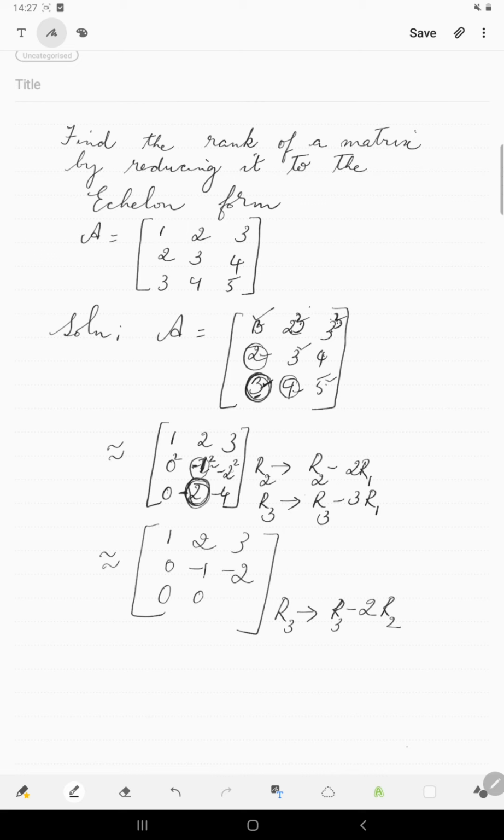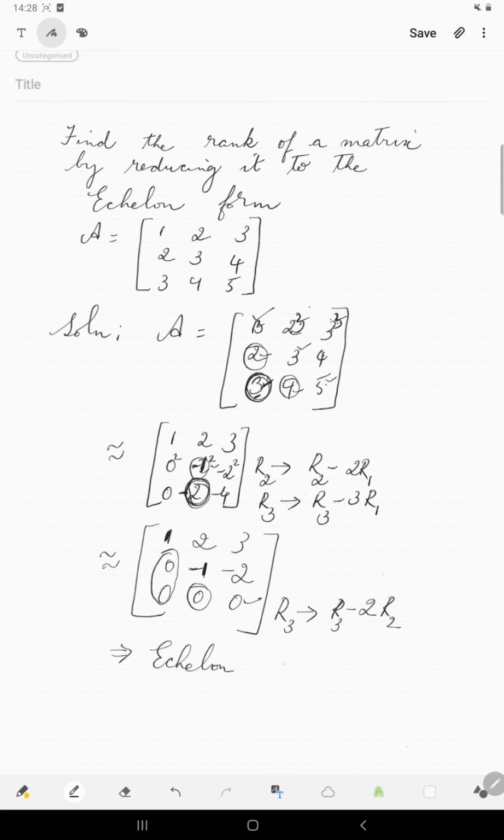Here 2 into minus 2 is minus 4; minus 4 plus 4 is 0. Now this has reached the echelon form. You can see that below the first row, first column element, everything is 0. Below the second row, second column element, everything is 0. The third row, third column element is already 0 and below that there is nothing to make 0. This is the last form, the echelon form.